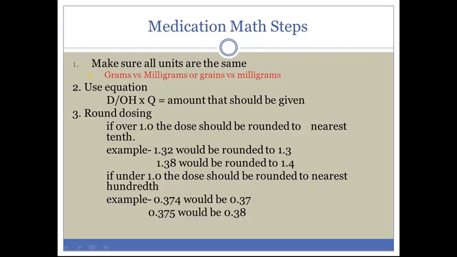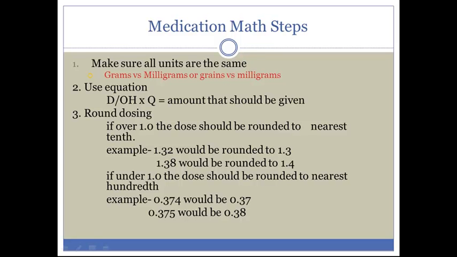Rounding dosages. If the dosage is over 1.0, the dose should be rounded to the nearest tenth. So for example, if we had 1.32, after we did all of our calculations, it would be rounded to 1.3.